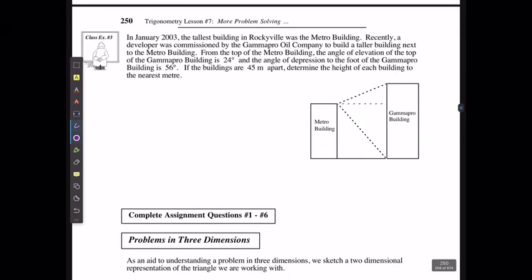For example 3, in January 2003, the tallest building in Rockyville was the Metro building. Recently, a developer was commissioned by the Gamma Pro Oil Company to build a taller building next to it. From the top of the Metro building, the angle of elevation to the top of the Gamma Pro building is 24 degrees. So from perfectly horizontal, looking upwards, is going to be 24 degrees.